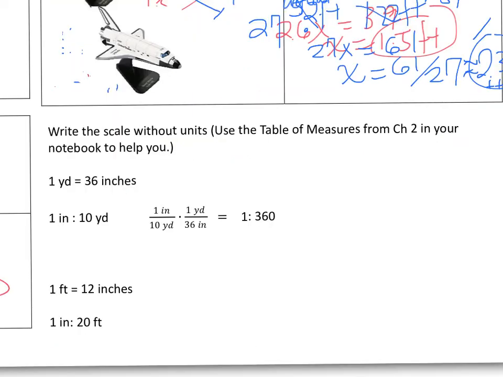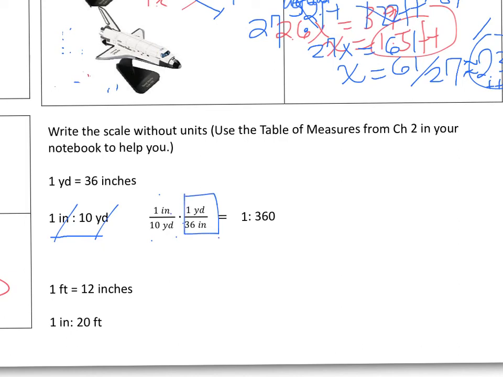To write the scale without units, you need to use the conversion factor. Let's say 1 inch to 10 yards. I need to change it so that I can get rid of inches and yards. So look, 1 inch to 10 yards. I'm going to multiply that by 1 yard to 36 inches.